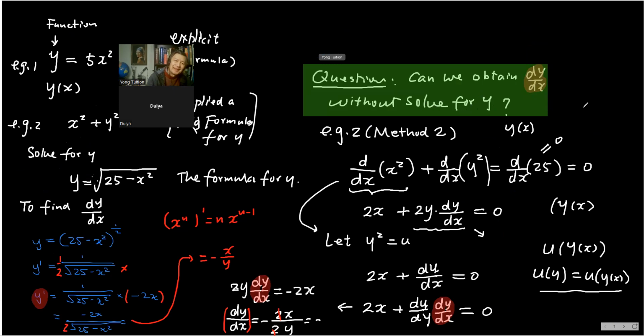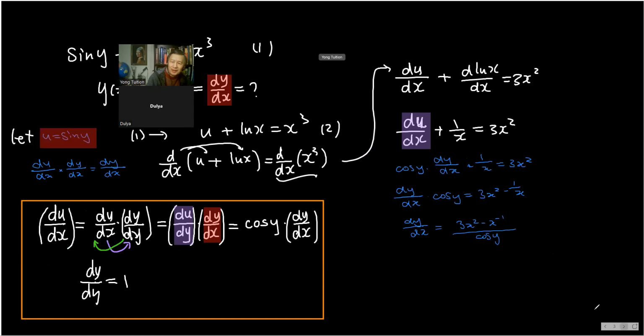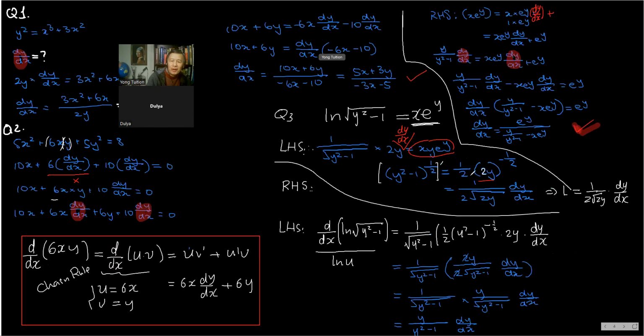Do you understand? Sometimes it's impossible to find the formula for y, such as the question we just solved. It's too complicated. If you want to solve for y from this question, it's almost impossible.